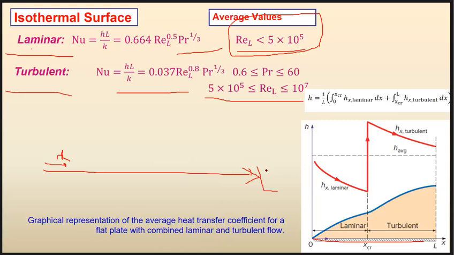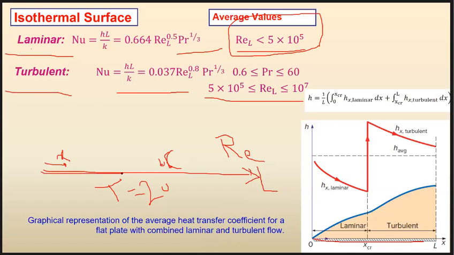You calculate the Reynolds number based on the entire length of the surface. And the temperature of the surface, let's say, is 20 degrees Celsius. So we have an isothermal surface, a constant or uniform temperature condition. And now you're asked to calculate the Nusselt number, heat transfer coefficient and overall heat rate.